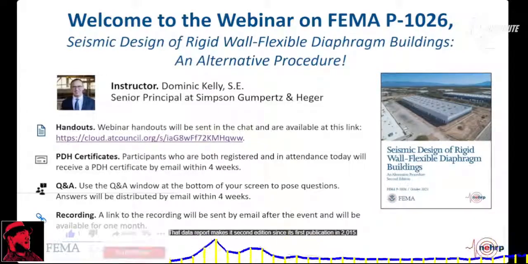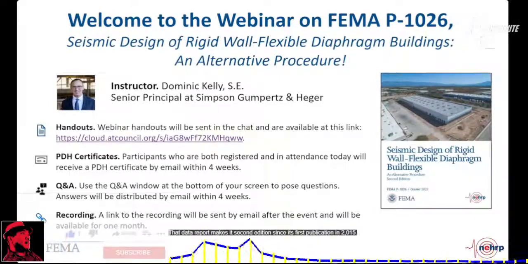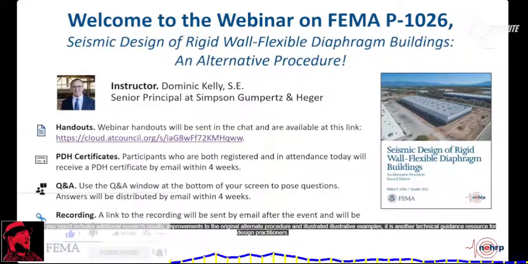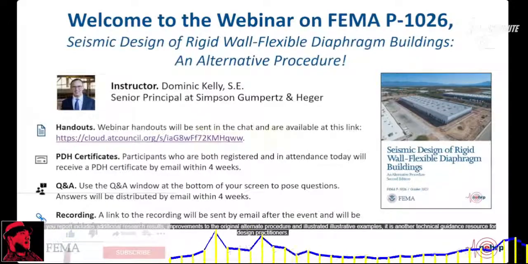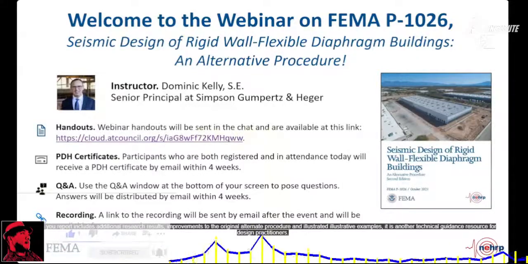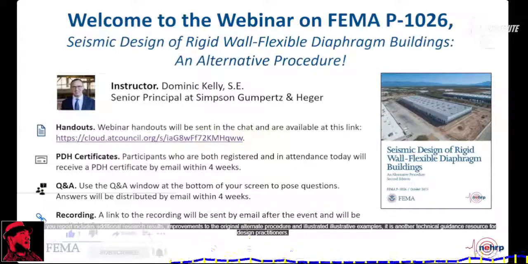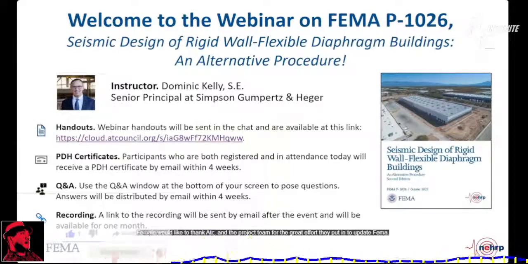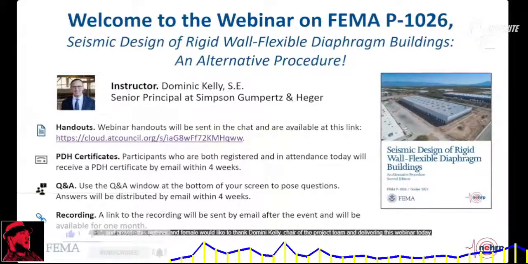The updated report makes its second edition since its first publication in 2015. The new report includes additional research results, improvements to the original alternate procedure, and illustrative examples. It is another technical guidance resource for design practitioners. FEMA would like to thank ATC and the project team for the great effort they put in to update FEMA P-1026 and provide this webinar.